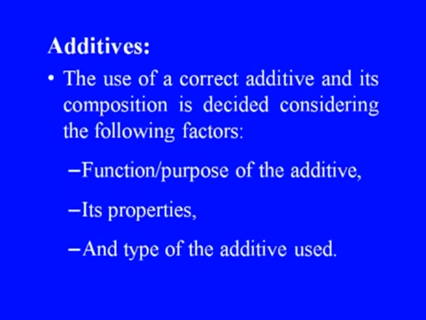Then in the category of additives, the use of the correct additive and its composition is decided considering the following factors. Number 1, function or purpose of the additive, its properties and the type of the additive used.